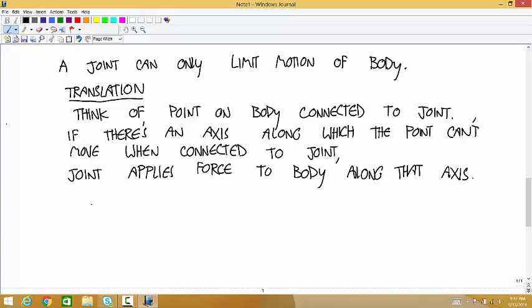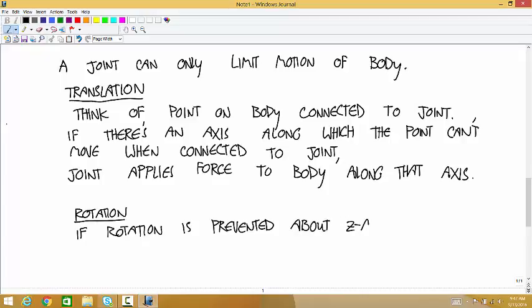And then the other possibility is rotation. If rotation is prevented about the z-axis, no, this is all 2D still. We're not going to go to 3D for a couple weeks.